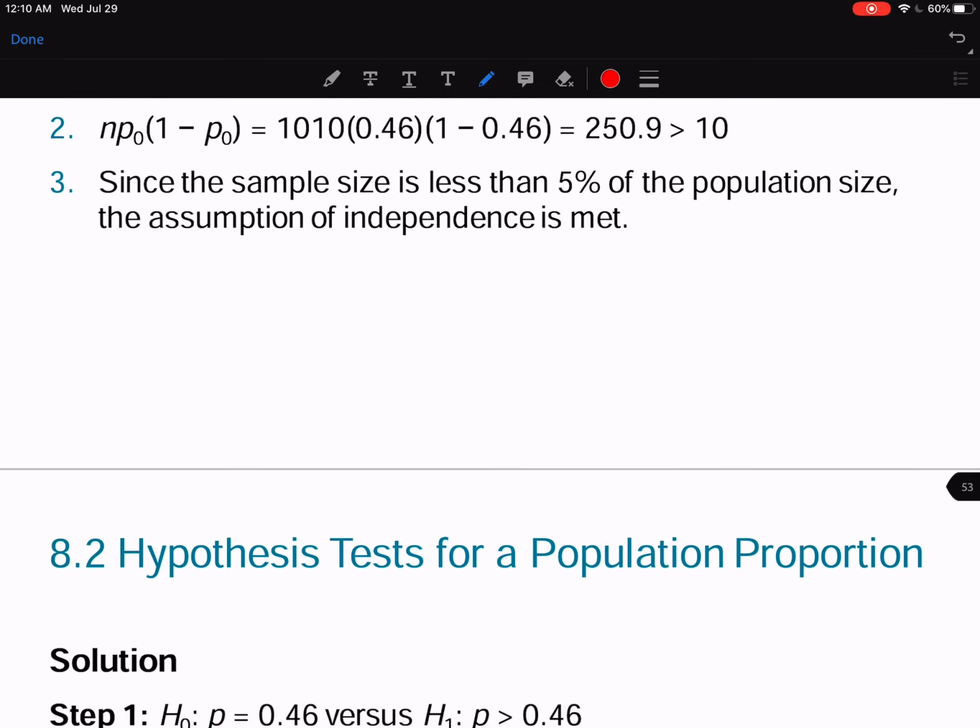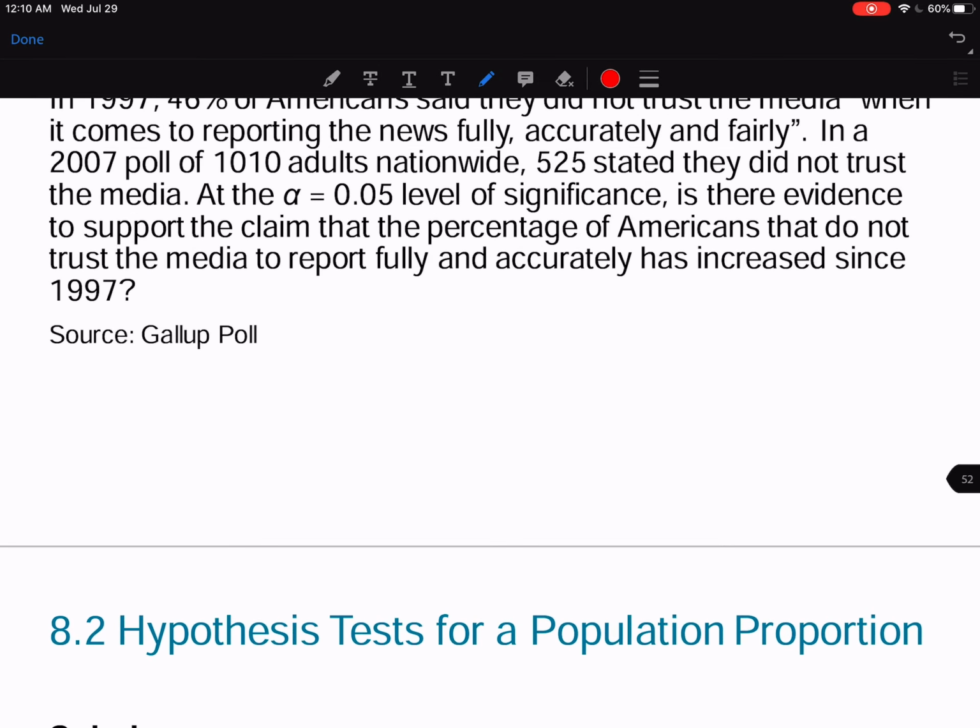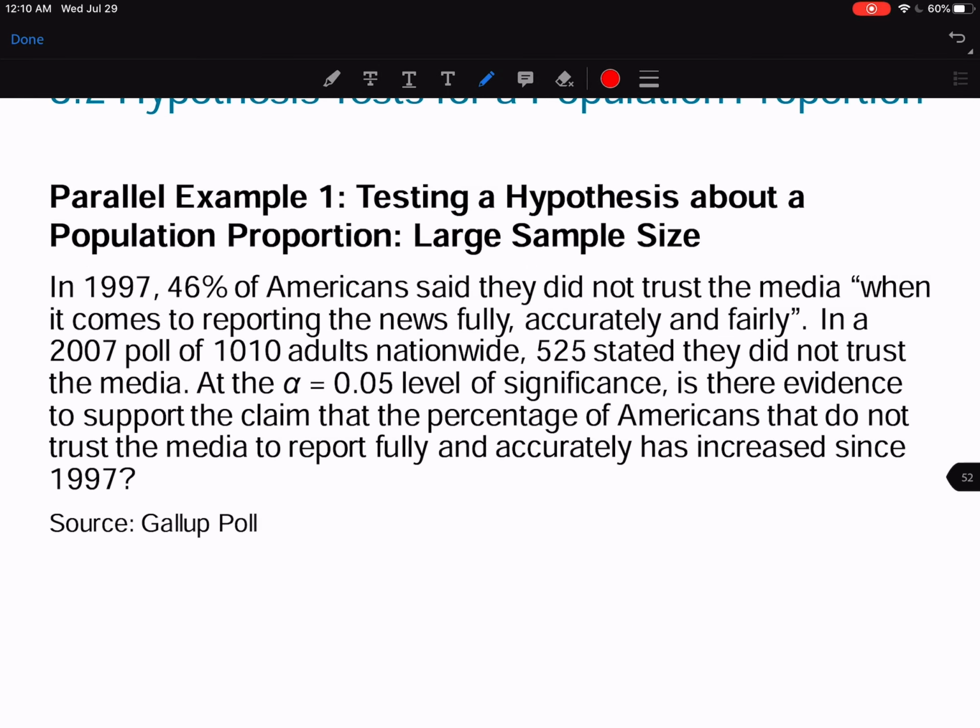Let's take a look at how to do this hypothesis test in this example, based on what we just went over. It says that in 1997, 46% of Americans said they did not trust the media when it comes to reporting the news fully, accurately, and fairly.